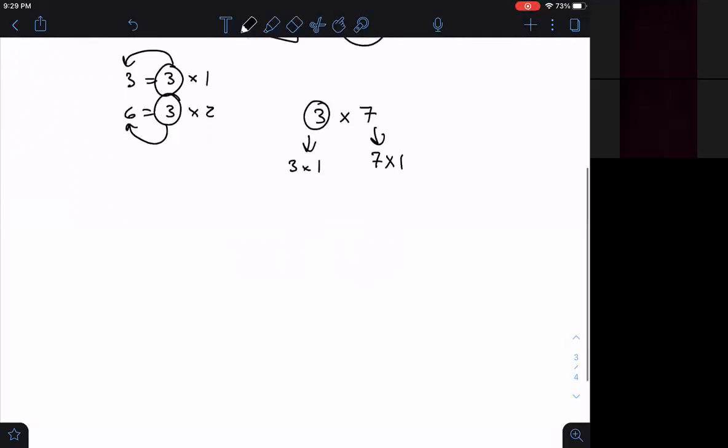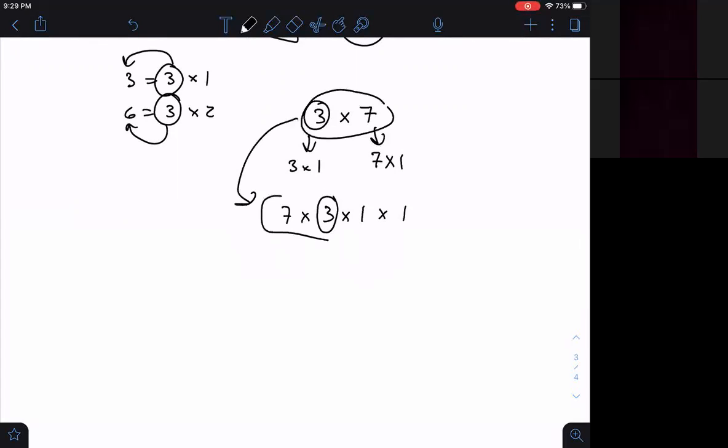So if we expand this out, this will just be 7 times 3 times 1 times 1. And since there's a 3 inside of this new multiplied factorization, that means 3 times 7 is divisible by 3. So back to what I was saying. If any number is multiplied by 3 or 6, that product has to be divisible by 3 because 3 will be one of the factors of that product.